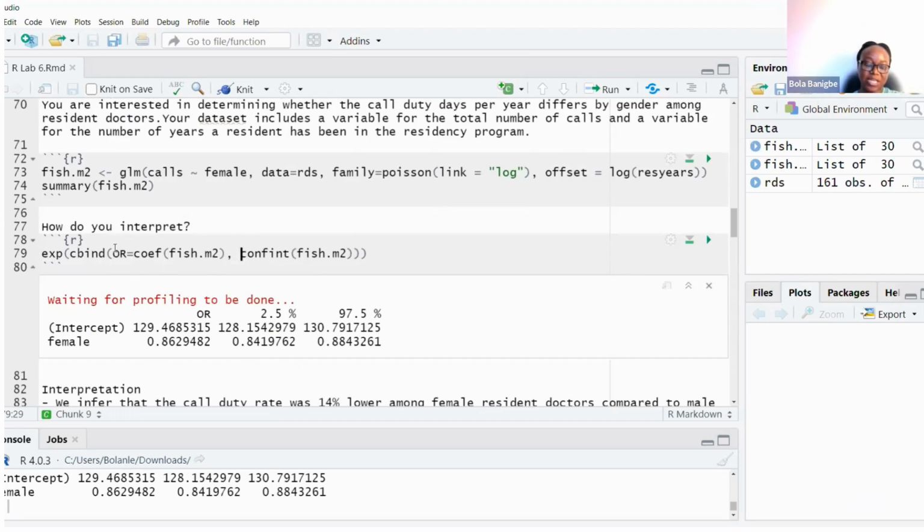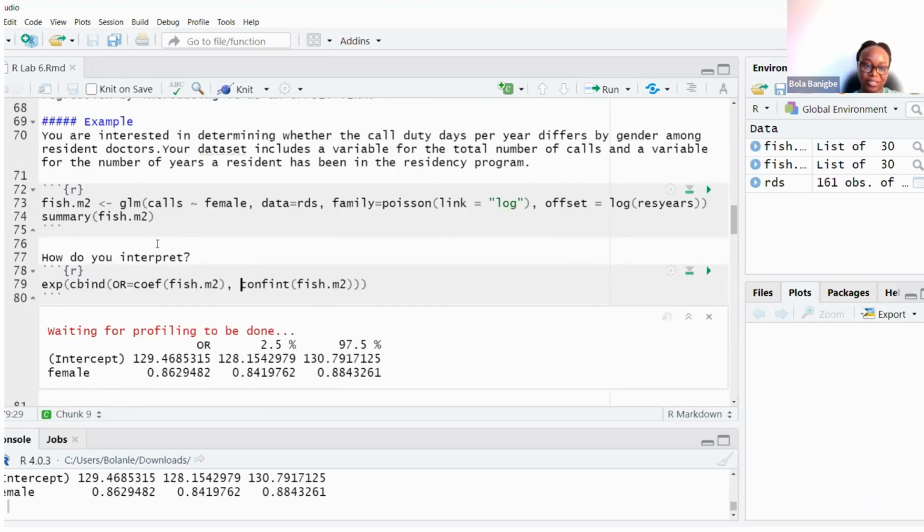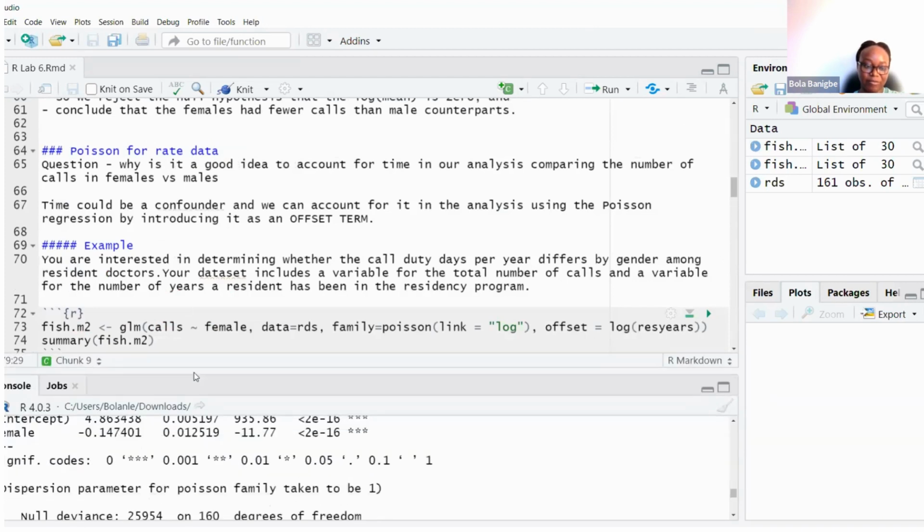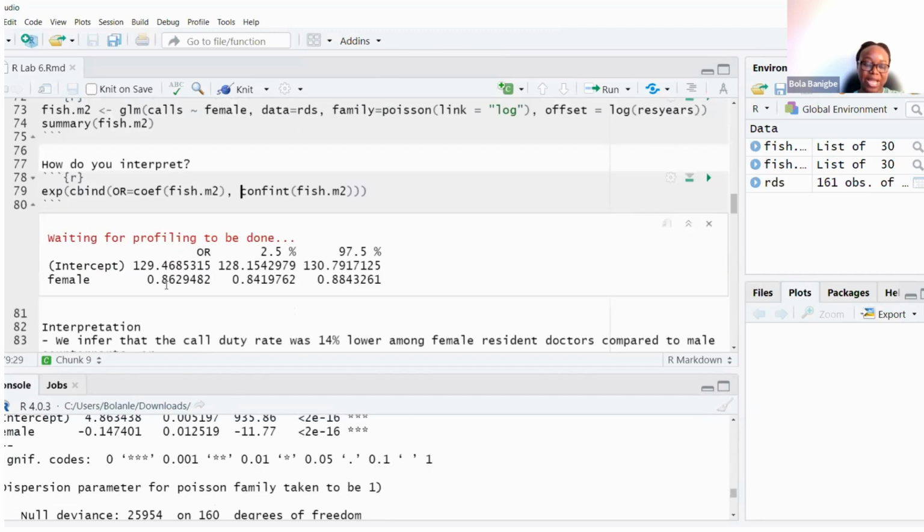So here we can see we've taken the exponent of the coefficient of female gender. The coefficient was negative 0.1474, and the exponent is 0.86. And like Abbas explained earlier, when it is less than 1, you subtract it from 1.